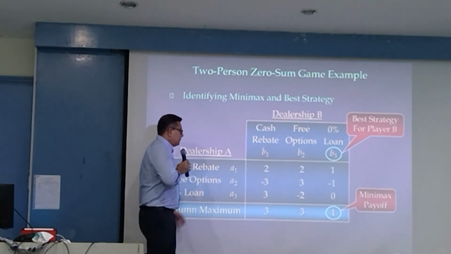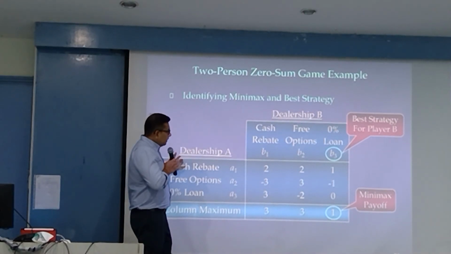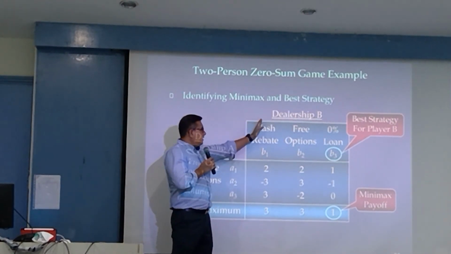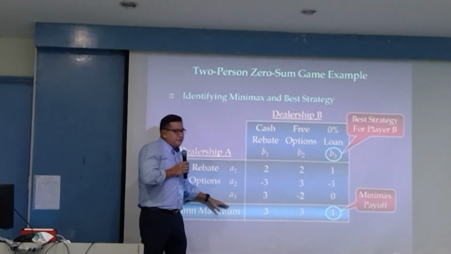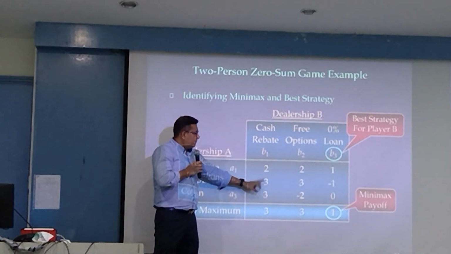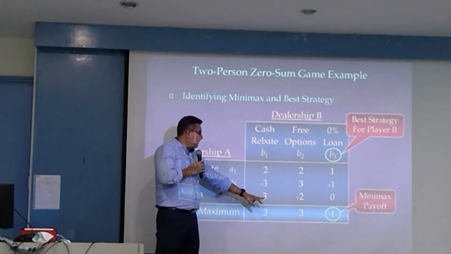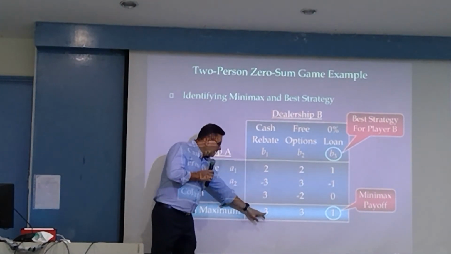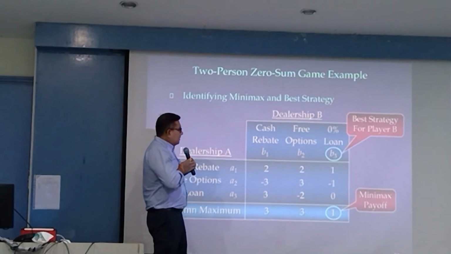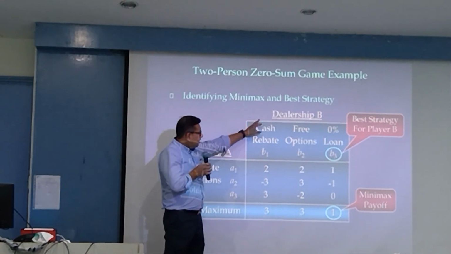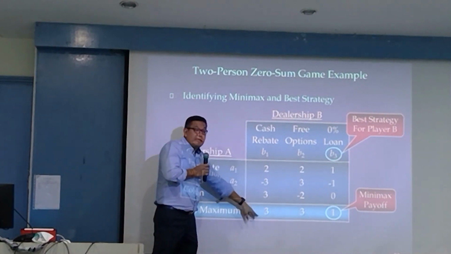For example, if we select strategy B1 and A develops A1, A2, A3, these are the percentages B is going to get: gain 2%, loss 3%, gain 3%. So the maximum from dealership B is 3.